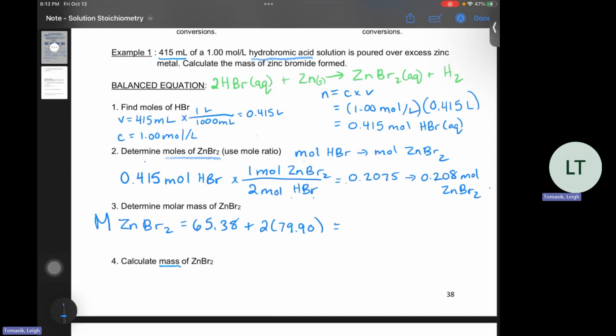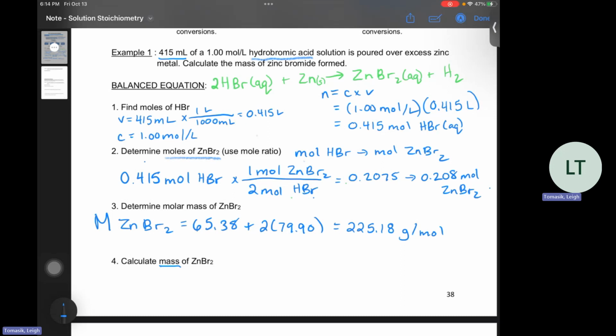So if I add those together, I get 225.18, and that's grams per mole.